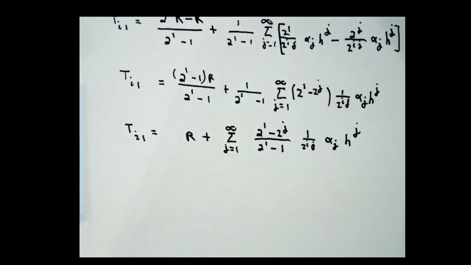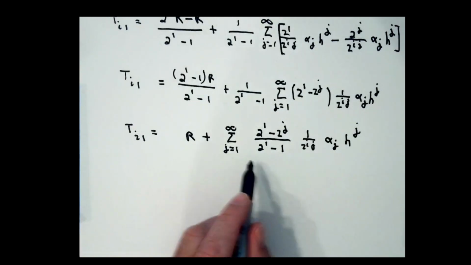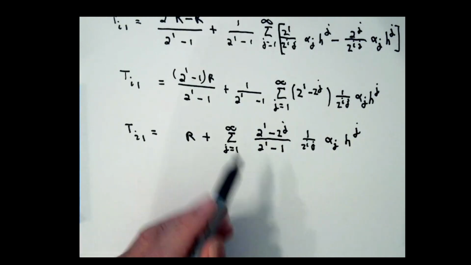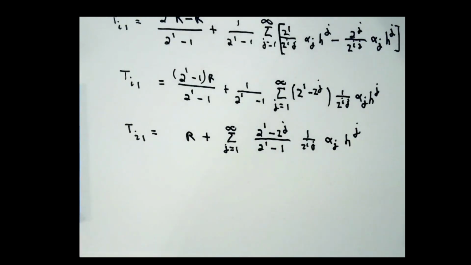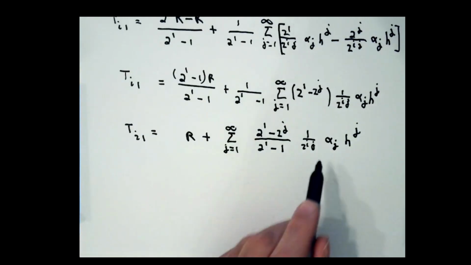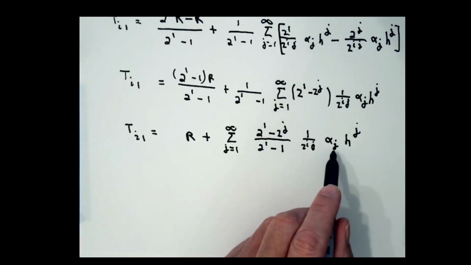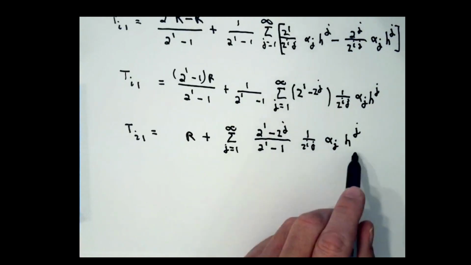This is actually very interesting to me because there are going to be different terms to add together. The j can be anything from 1, 2, 3, and up, but in particular, if you look at the h to the 1 power term, the j equals 1 term, you'll have 1 over 2 to the i times 1, you'll have some unknown coefficient, you'll have h to the first power.